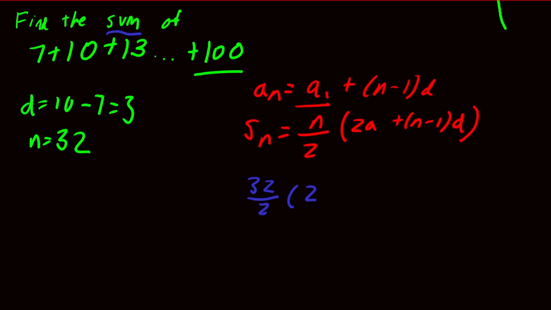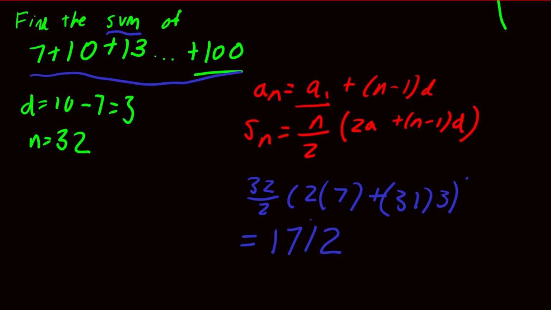A is the same. The first term is 7. Plus 32 minus 1 is 31 times the common difference is 3. And now I'm sure you guys know how to do this. This will simplify to 1712. So the sum of this equation right here is 1712.